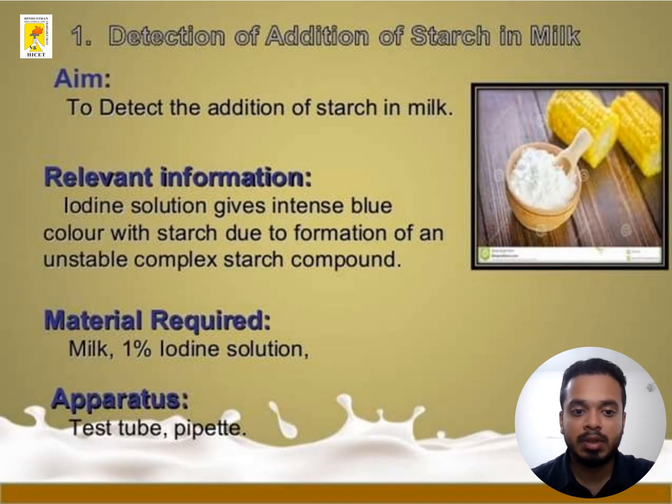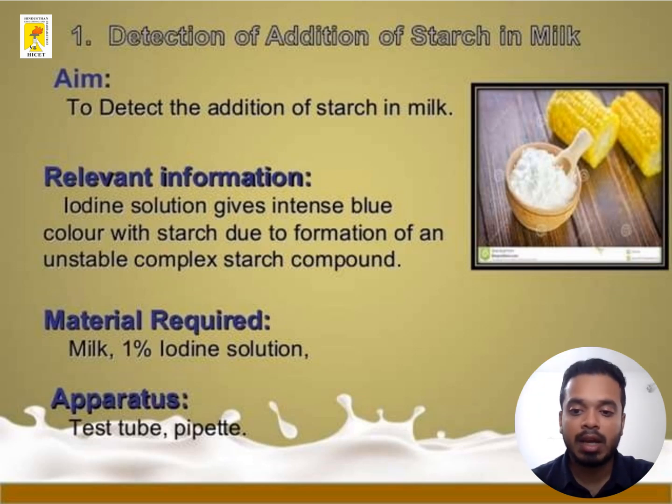The first detection process is detection of addition of starch in milk. They add starch powders to milk to give bulkiness and mouthfeel. The relevant information is that iodine solution gives an intense blue color with starch due to the formation of an unstable starch-iodine complex.